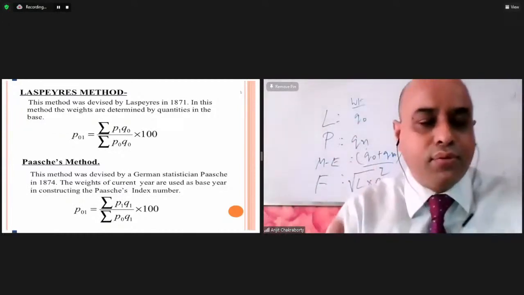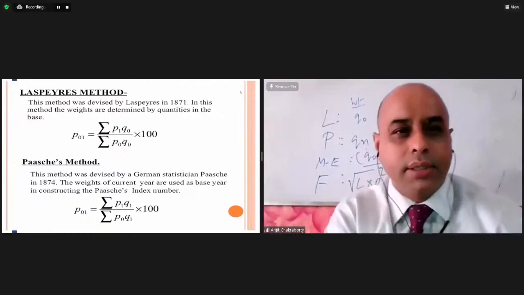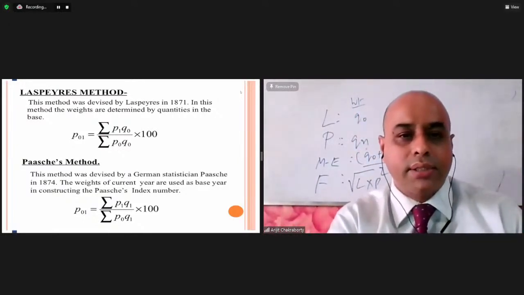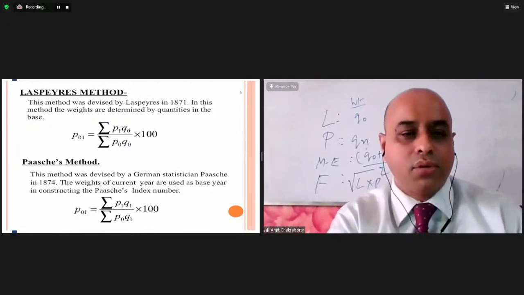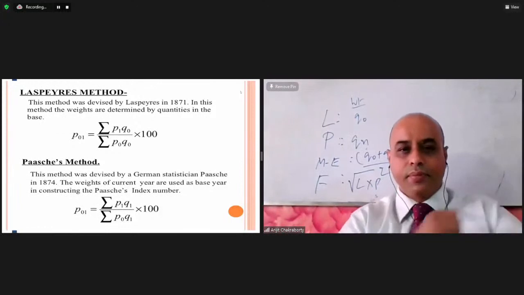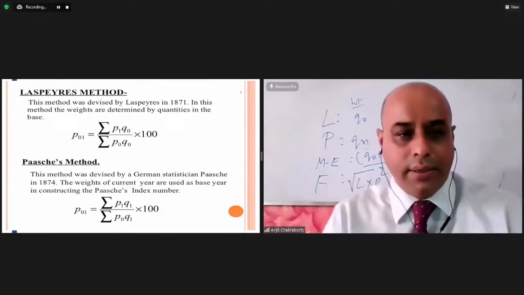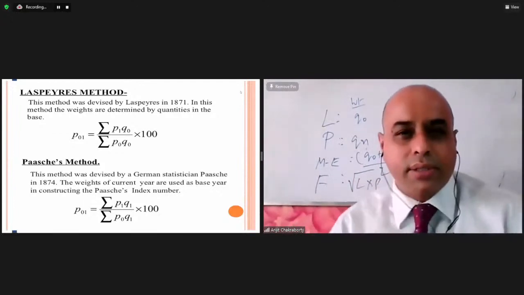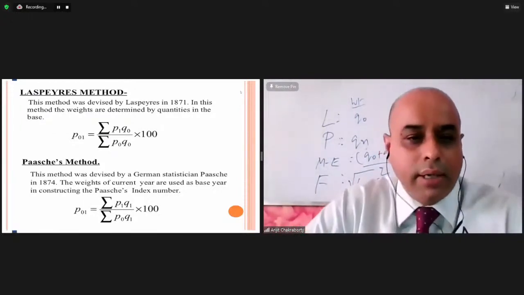Now, therefore, P01, that is the index number using last period's method, is sigma P1 Q0 by sigma P0 Q0 into 100. And similarly, in the past year's method, please also see that these index numbers were constructed way back, 1871, 1874.